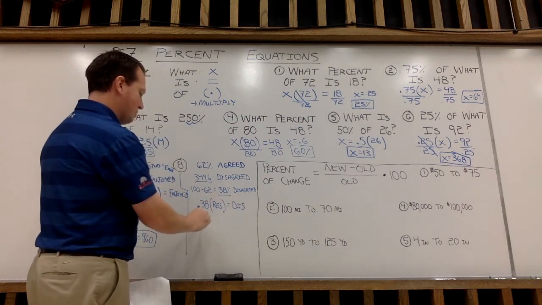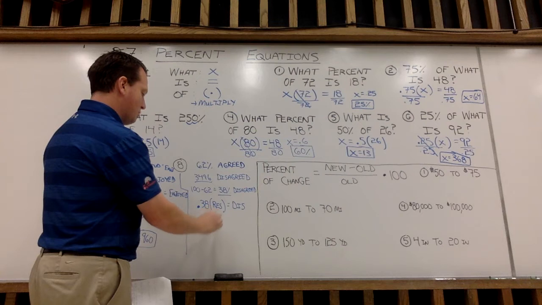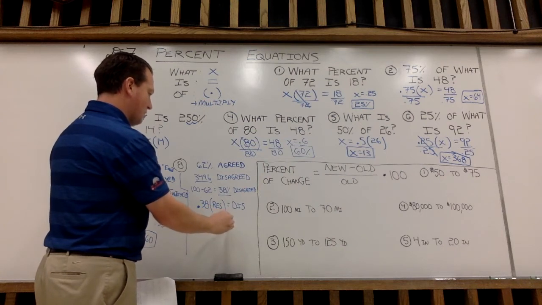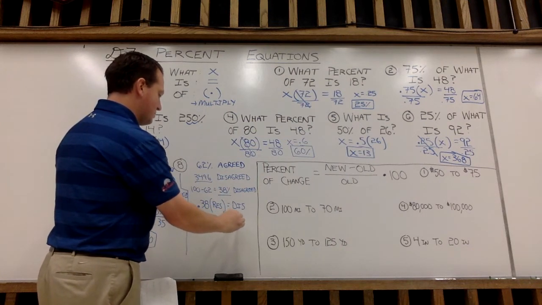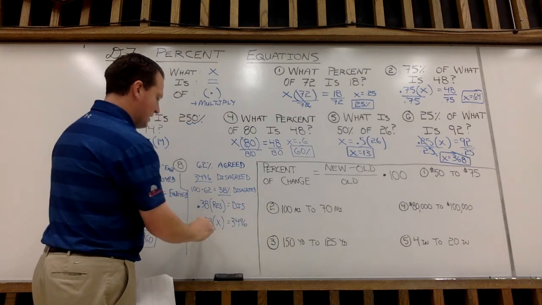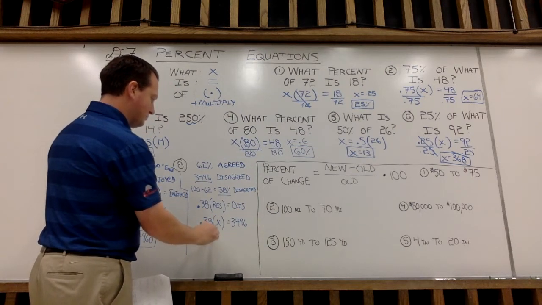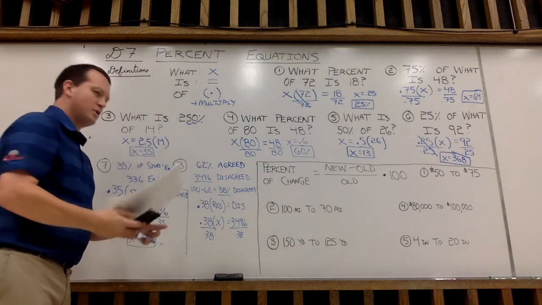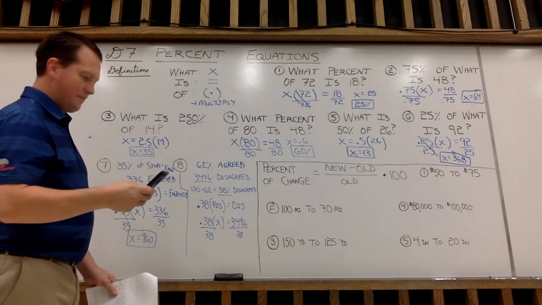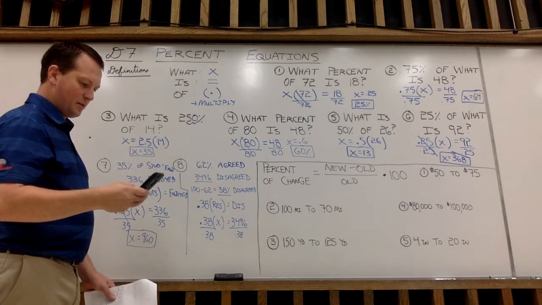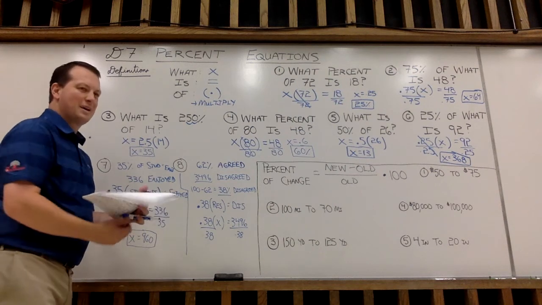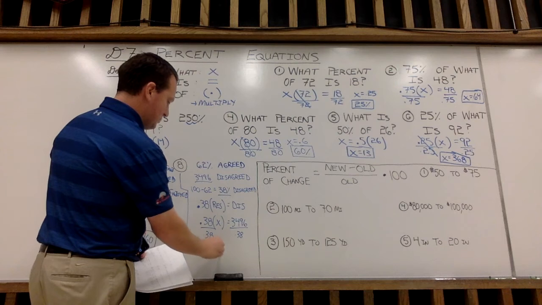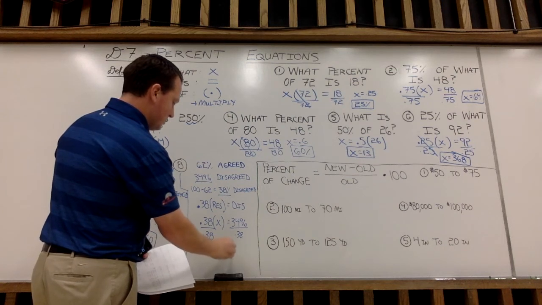I don't know the total number of residents, so 0.38x will equal 3496, dividing by 0.38. Let's crunch and munch. 3496 divided by 0.38 will equal 9,200. So 9,200 total residents.